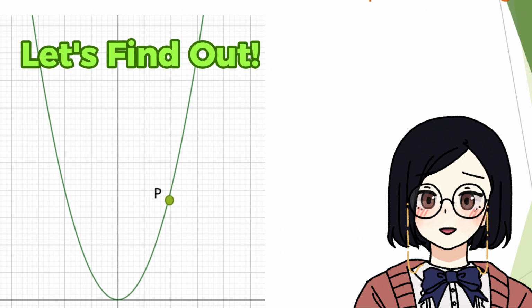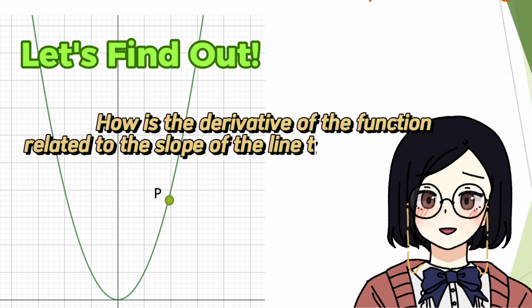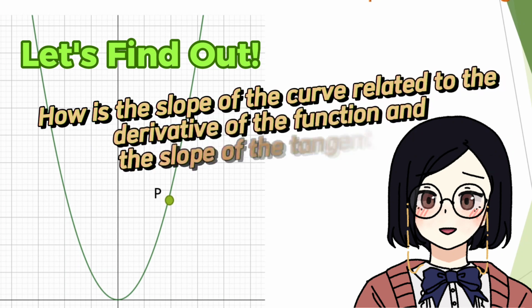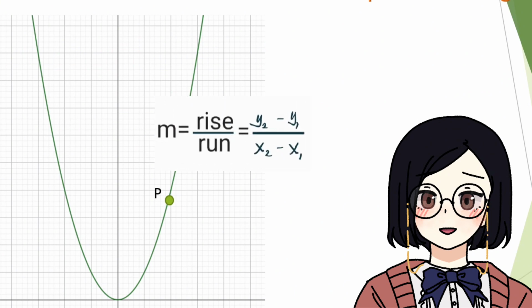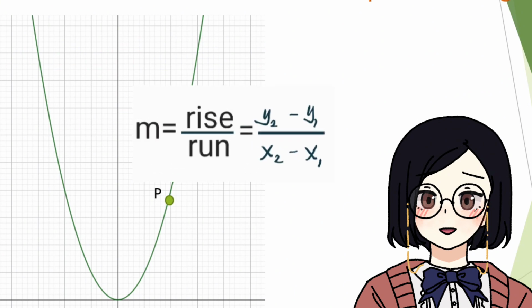Now let us discover how the derivative of the function and the slope of the tangent line are related to each other, and how the slope of the curve is related to the slope of the tangent line and the derivative of the function. In the previous slides, we have recalled the process of getting the slope of a line, which is the ratio of the vertical change over the horizontal change.